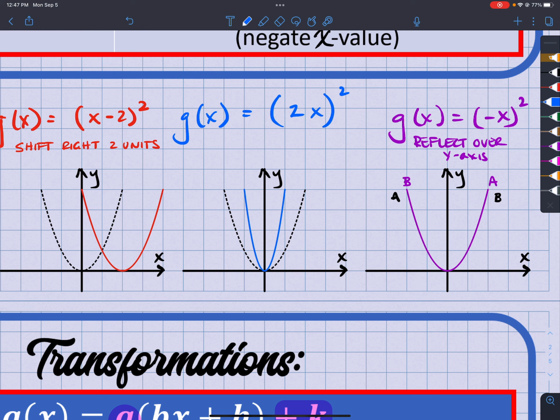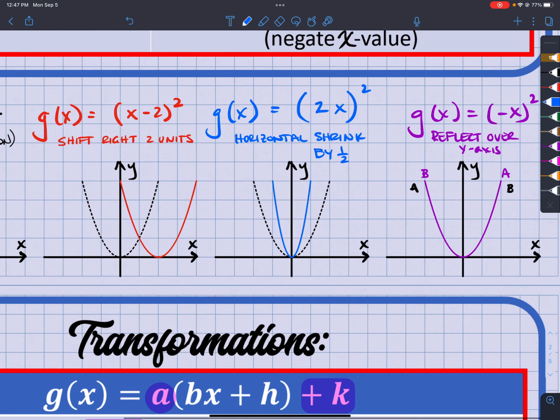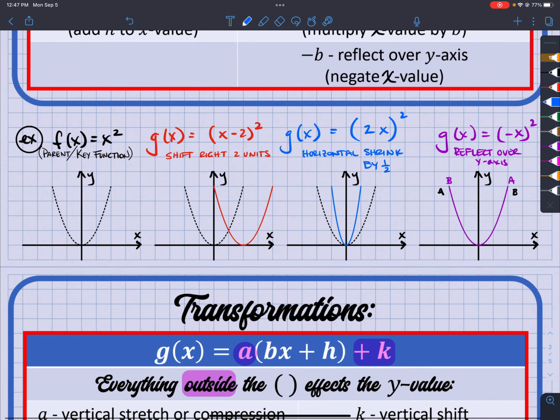I guess I'll call this a horizontal shrink by 1/2. Okay, so that is how those would affect the so-called x value. All right, so notice that all of those are inside the parentheses.